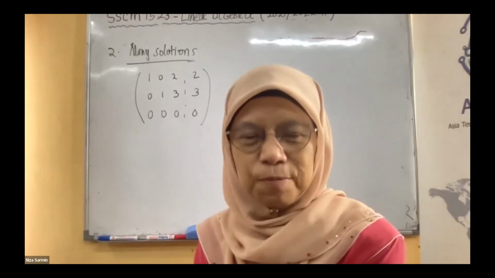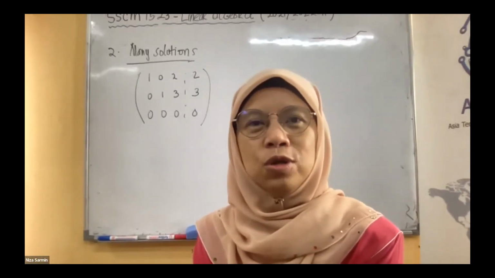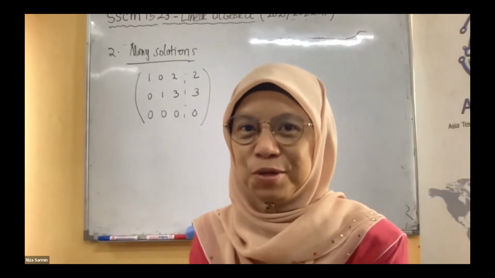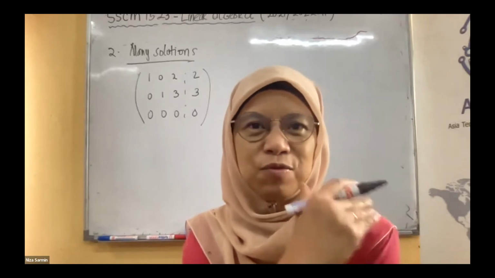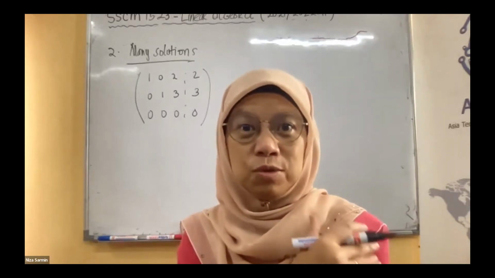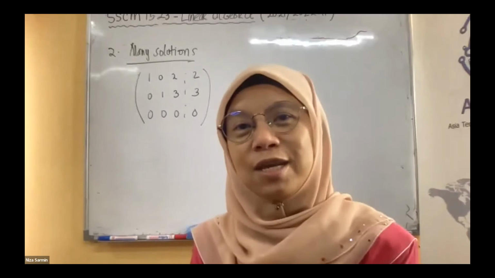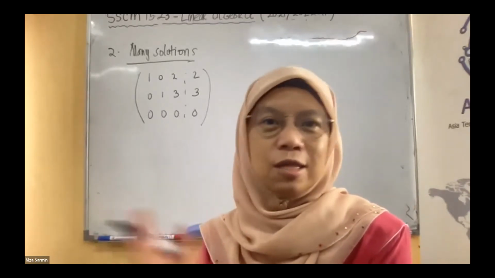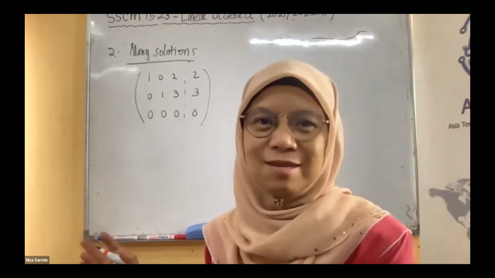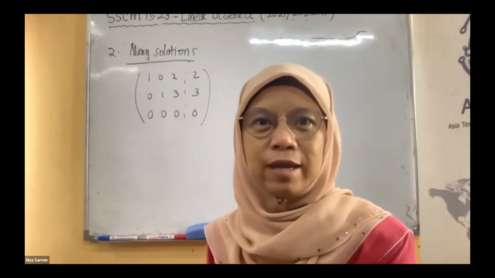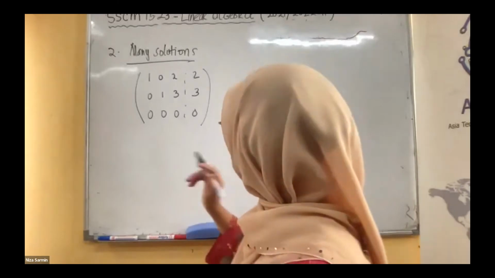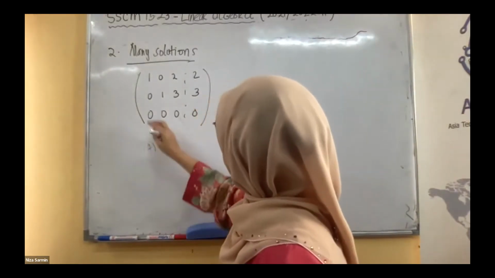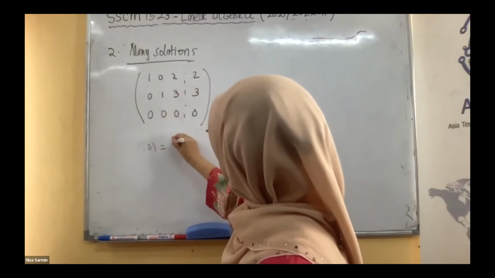Okay. So don't assume if there is a row of zeros, then it's many solutions. Because I've given you earlier, you have 2 rows of zeros, but the answer is unique. So don't assume there's a row of zeros, many solutions. Tak betul lah. So you have to look at the rank. For this one, the rank of A is 2.